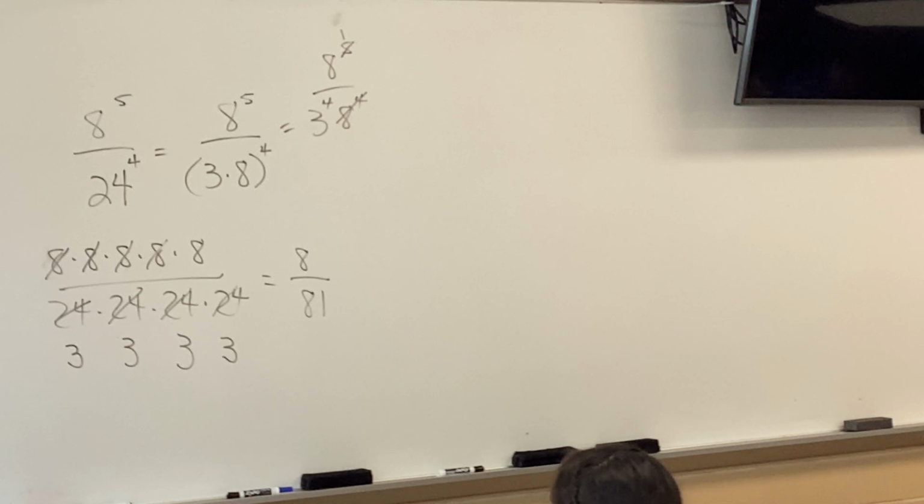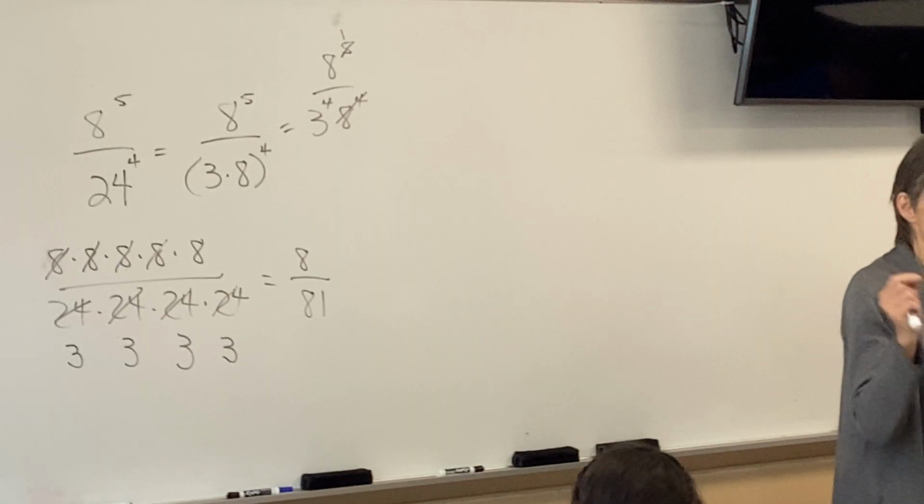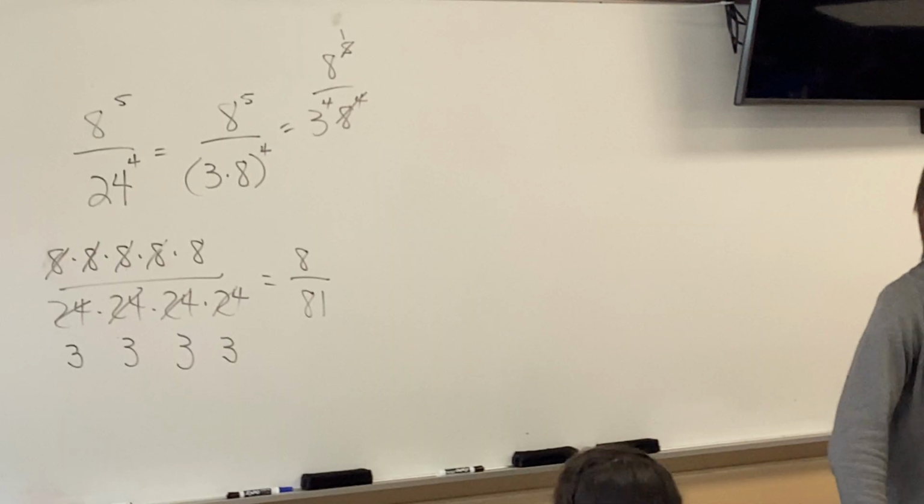Does anybody have any idea whether it's growth or decay? It's a decay. Why is it a decay? The number that we are multiplying by, 0.963, is less than 1.